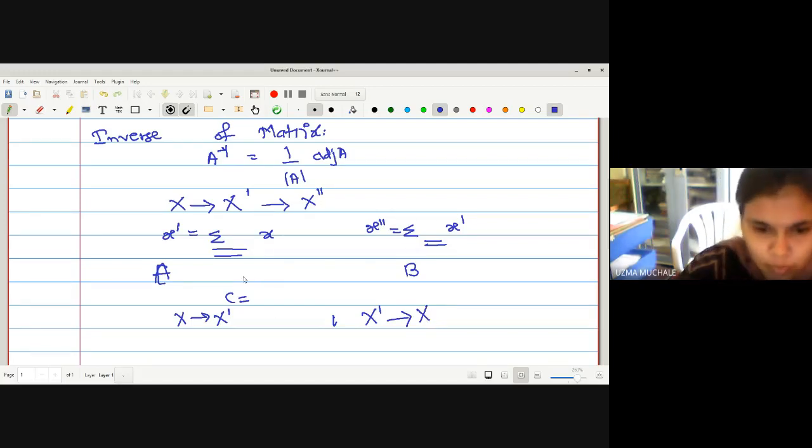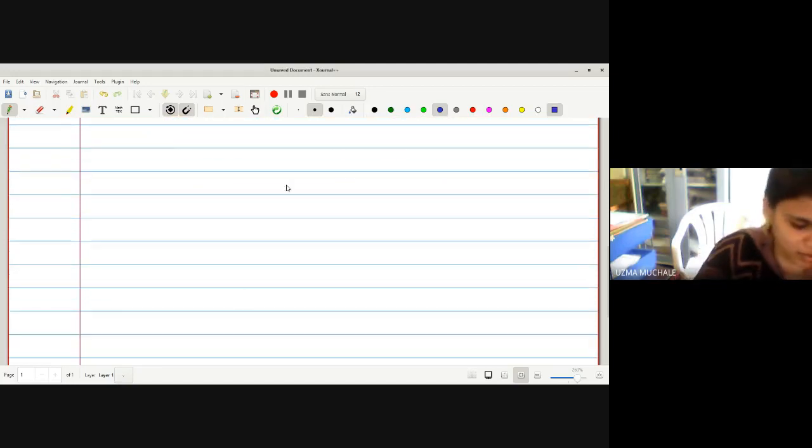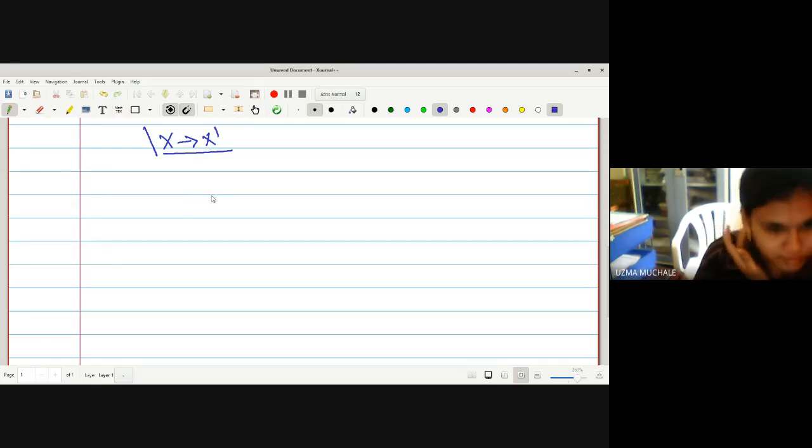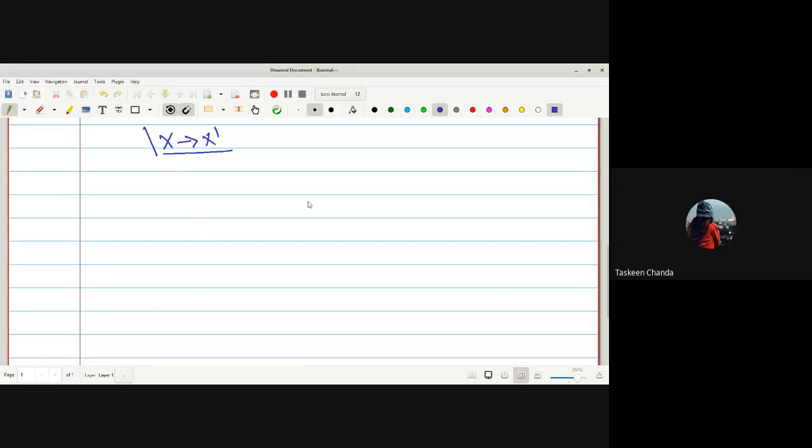First we will write down the transformation from x to x dash. What will be the transformation equation for it? x dash k is equal to summation j over 1 to 3 bkj xj.